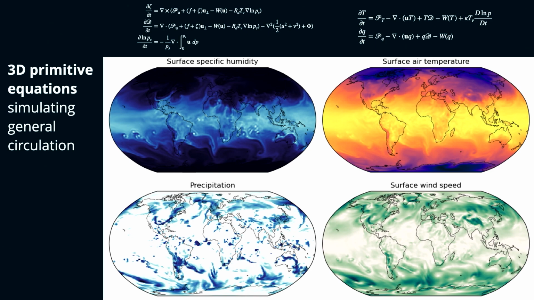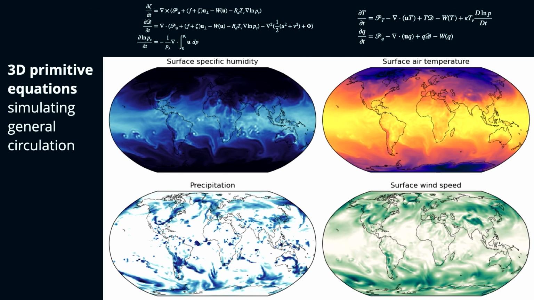Then for the 3D models, the equations that we solve are called the primitive equations. At the moment these are just examples, with videos in a second. A 3D model includes humidity and temperature, and humidity is, for example, removed, which is then precipitation.